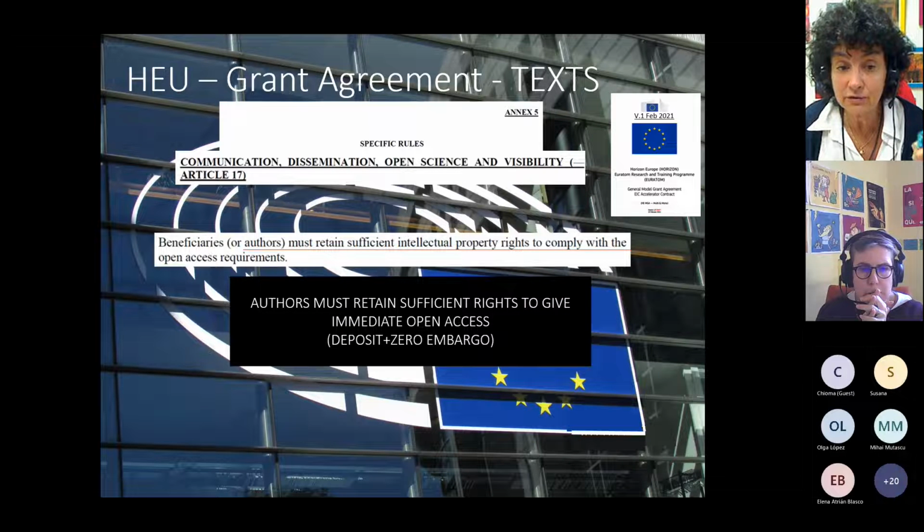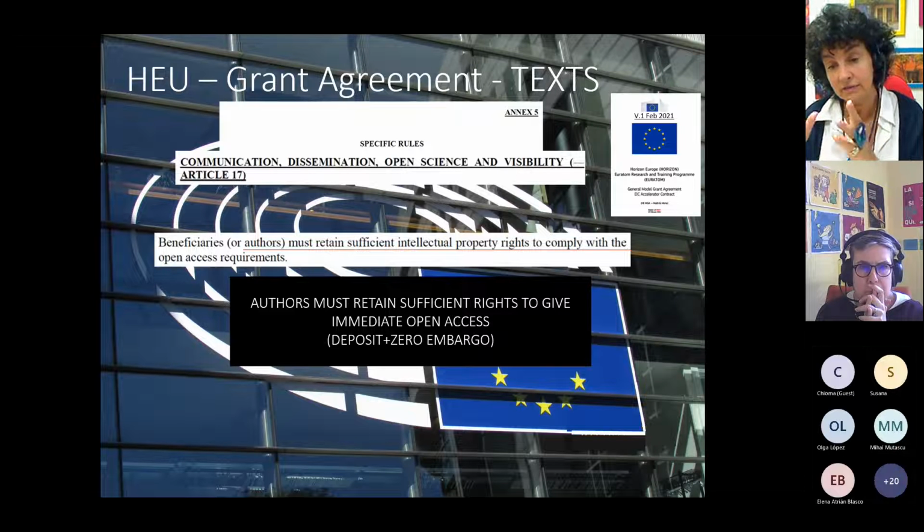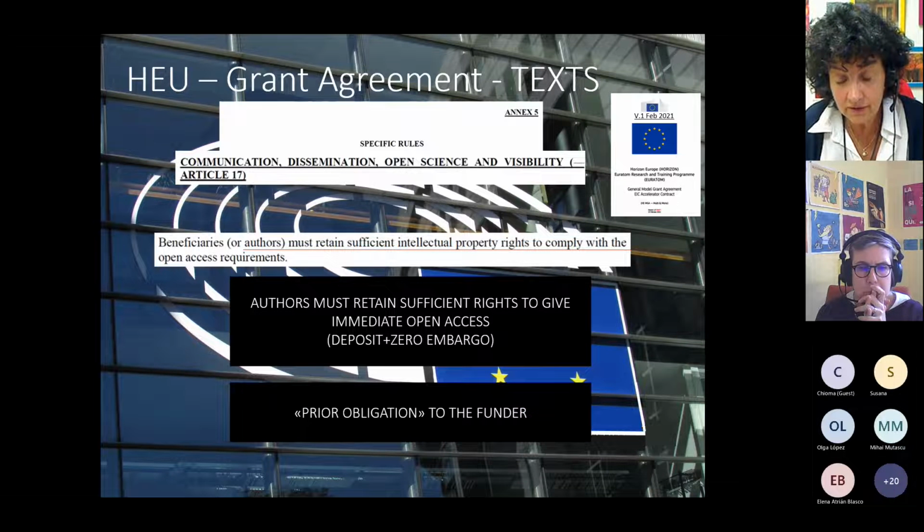It means that if you go for the third option, and we are going to discuss them in a while, you have to maintain the sufficient rights to give immediate open access, meaning deposit and giving immediate open access with no embargo. This is very important.